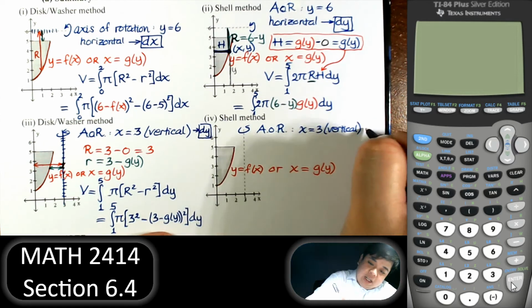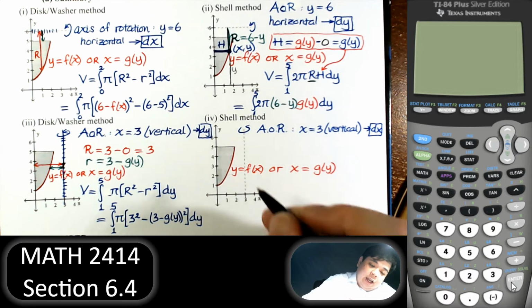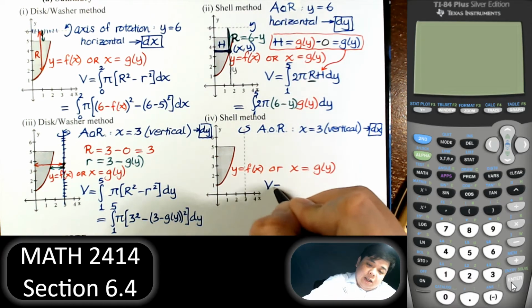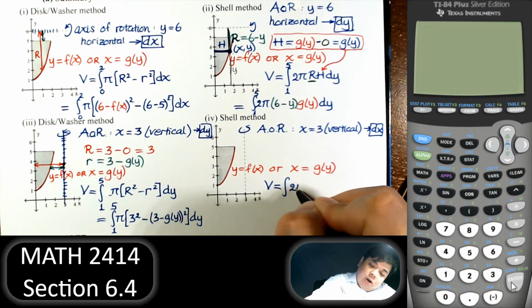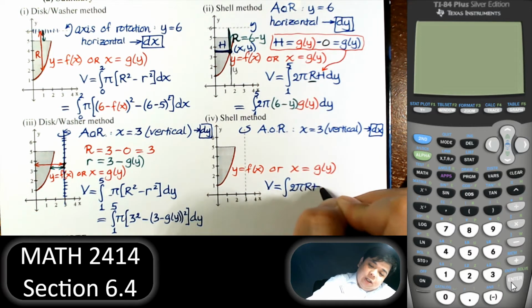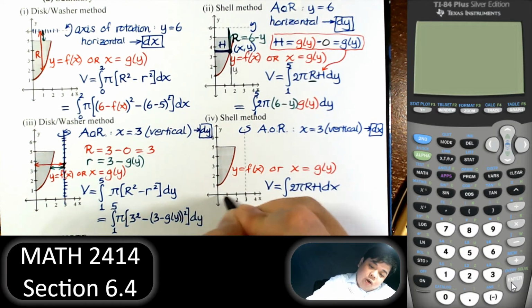So this is going to be dx. And the shell method, 2 pi rh, and then the width is dx. X goes from 0 to 2.